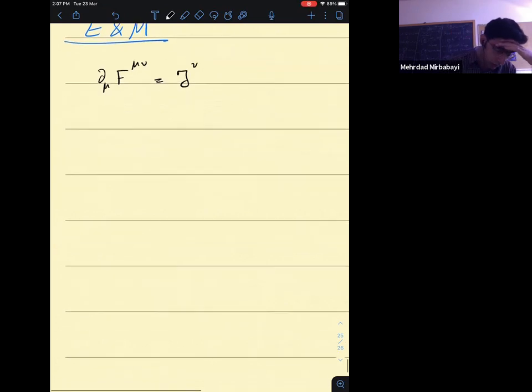However, we introduce the vector potential in the following way.